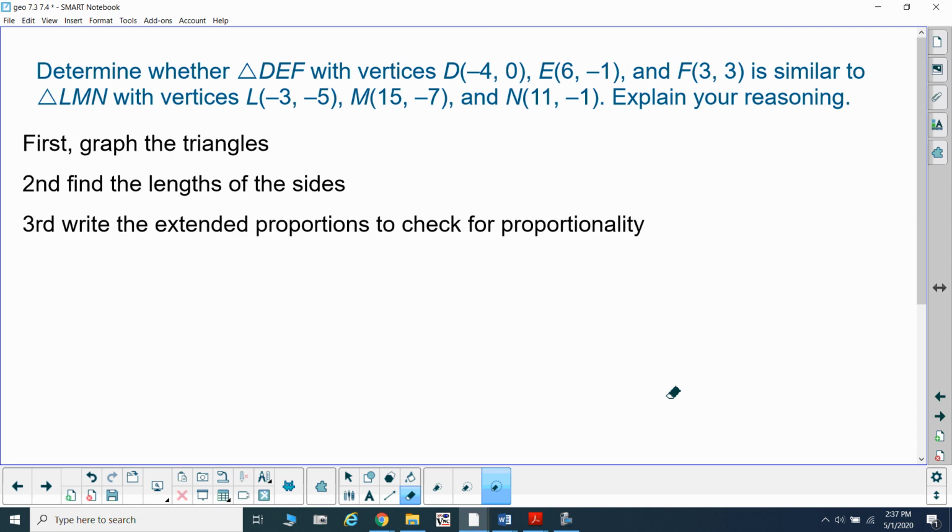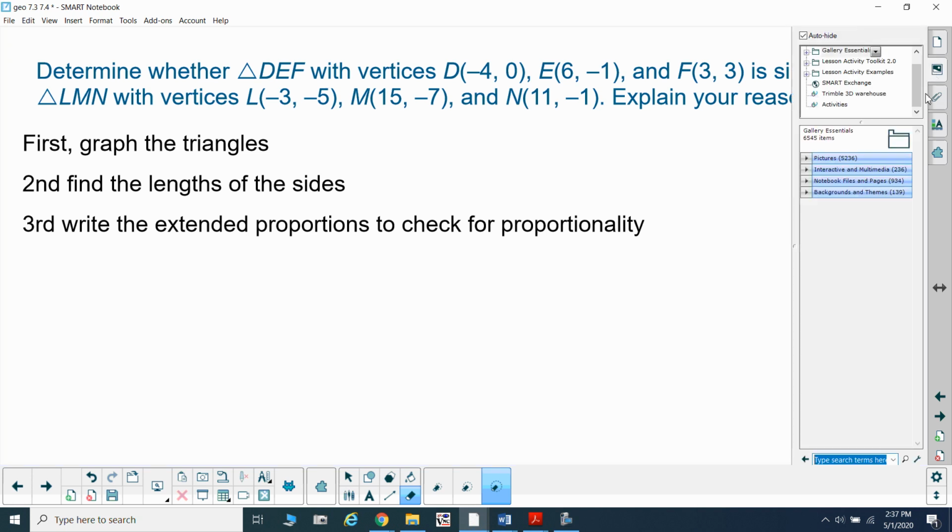Determine whether DEF with vertices blah blah blah is similar to LMN with vertices blah blah blah. First graph the triangles. All right, well here we go. Let's give it a try. Graph.